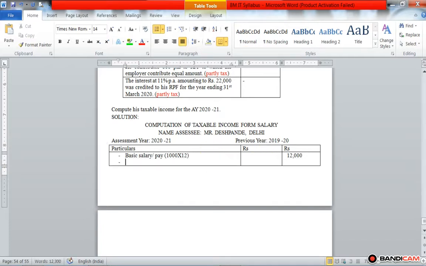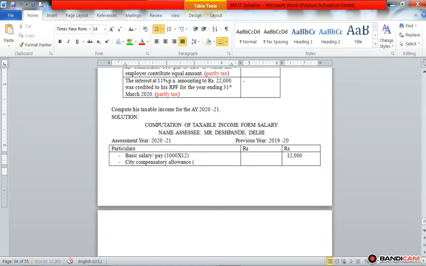The next one is city compensatory allowance.